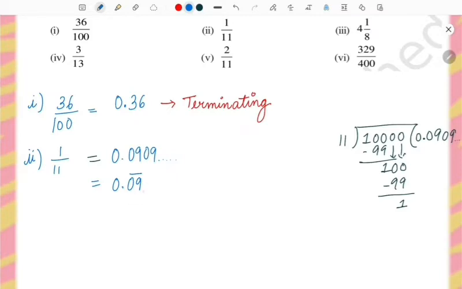Because the remainder is not coming out to be 0, the decimal expansion would be non-terminating. And the expansion is repeating, right? So it is non-terminating recurring.